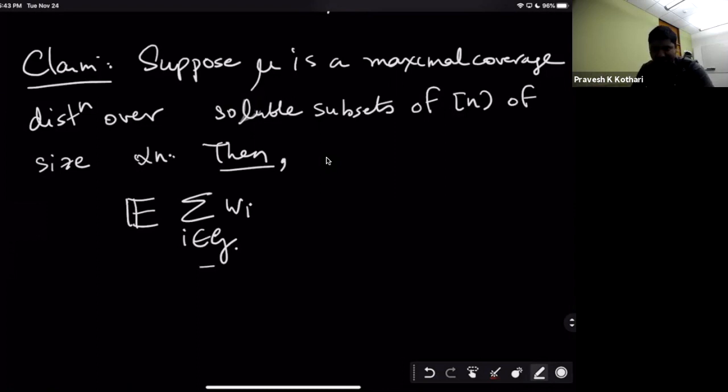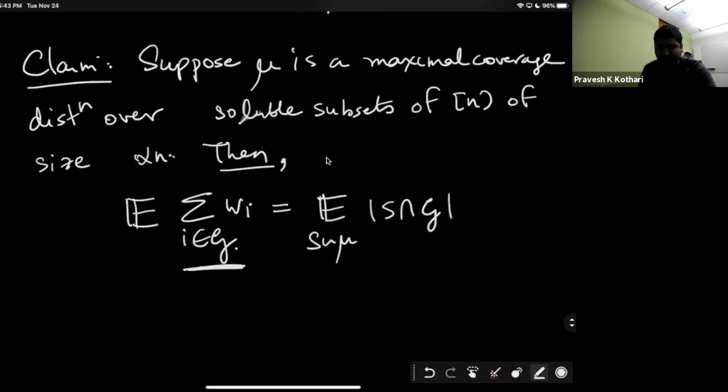This is just cleaner this way. So the sum of Wi over i in G is basically the intersection with G of the output set S. The claim is that this is at least alpha times the size of G, exactly the same property that held true for a soluble partition.